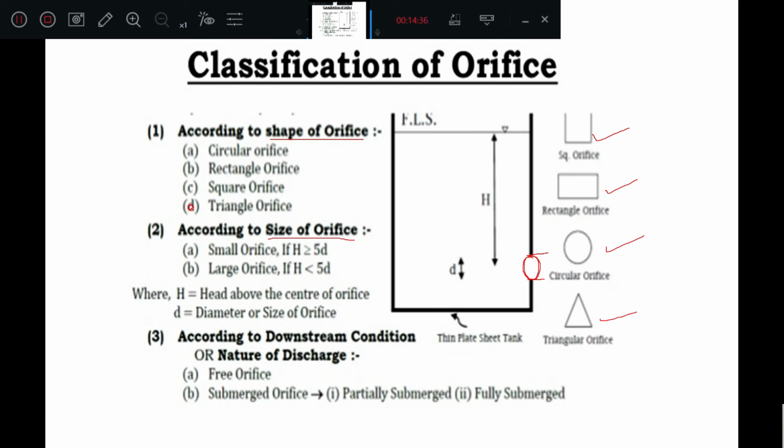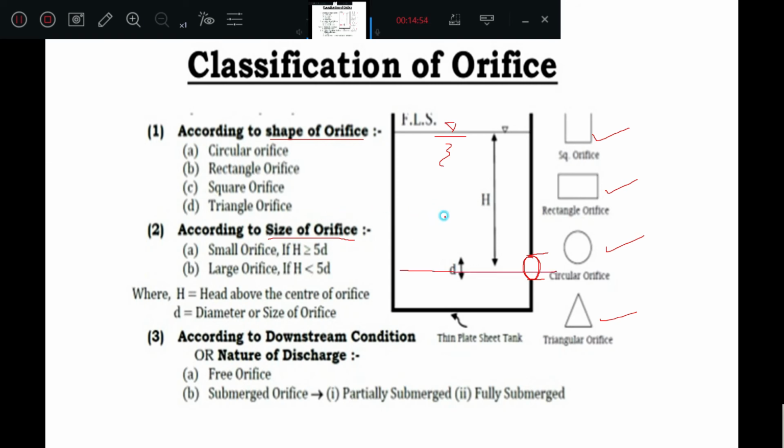Then how will you differentiate a small orifice and a large orifice? Suppose you consider this is a tank filled with a liquid, and this is the orifice you have fitted, and this is the diameter of the orifice.